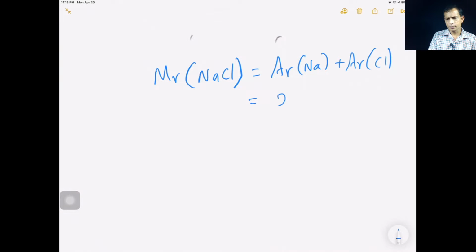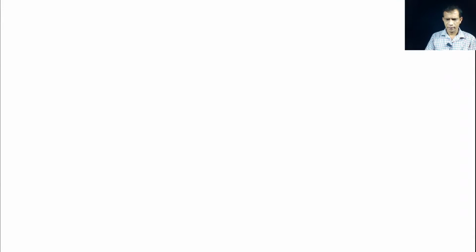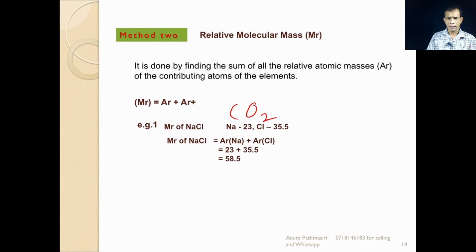Ar of sodium is 23, Ar of chlorine is 35.5, and altogether you will get 58.5.